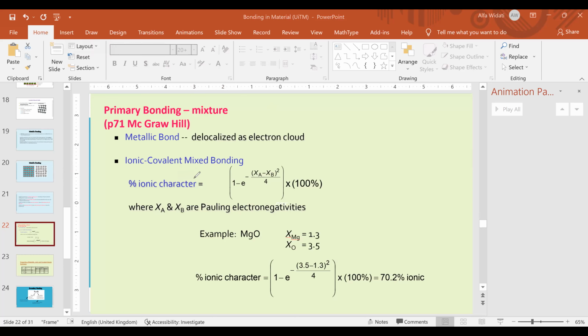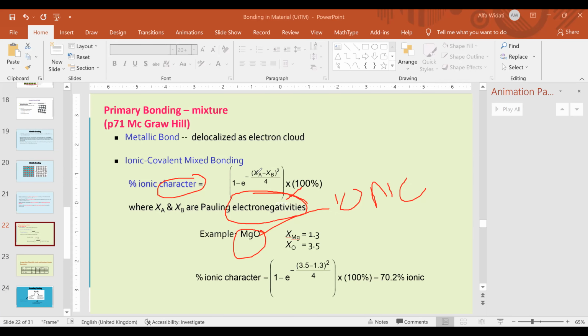For magnesium oxide, the type of bonding is only ionic, but the properties also include covalent and ionic properties. This depends on the electronegativity.